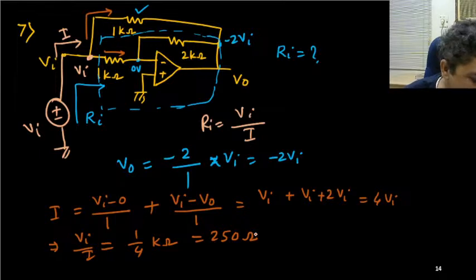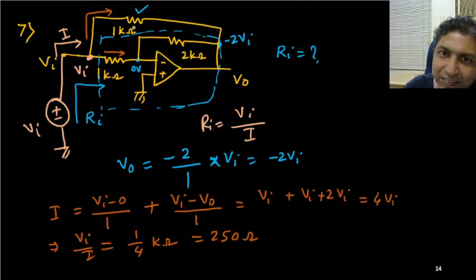Why is it 200 ohm? So it is 1 upon 4 kilo ohm, meaning 250 ohm. Yeah. So here you can see that the input resistance is reducing because of these parallel connections.